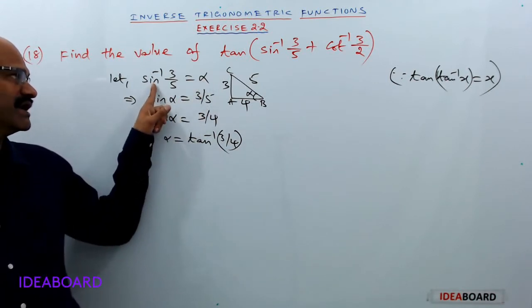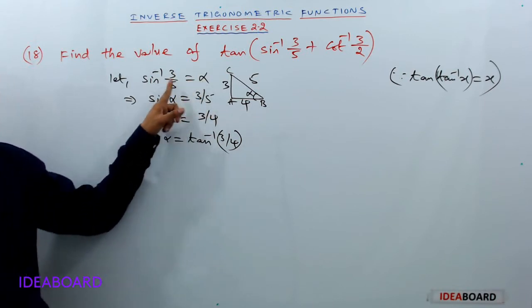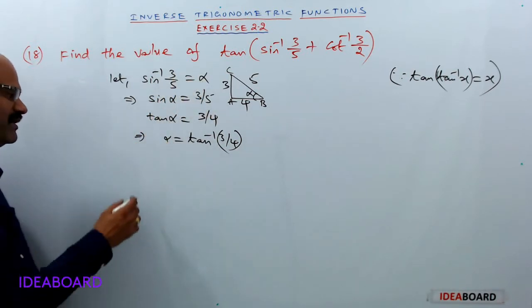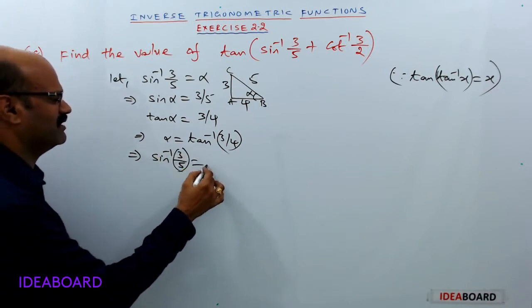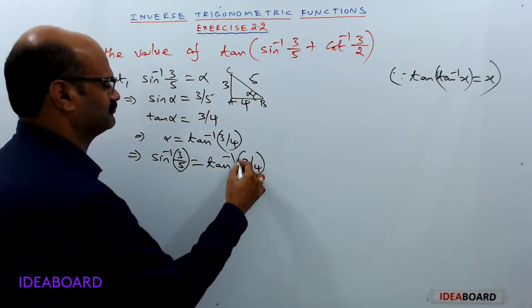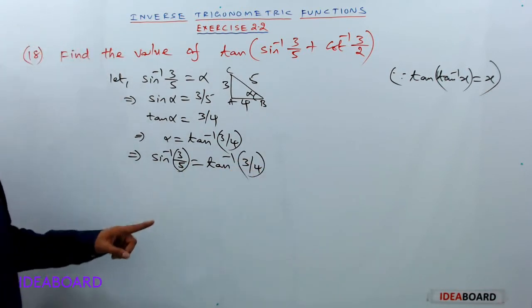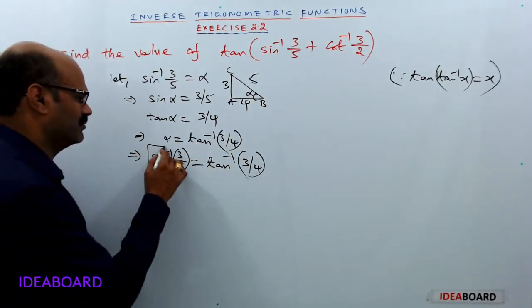Alpha equal to sin inverse of 3 by 5. Therefore, alpha can be taken as sin inverse of 3 by 5, which equals tan inverse of 3 by 4. So sin inverse of 3 by 5 becomes tan inverse of 3 by 4.